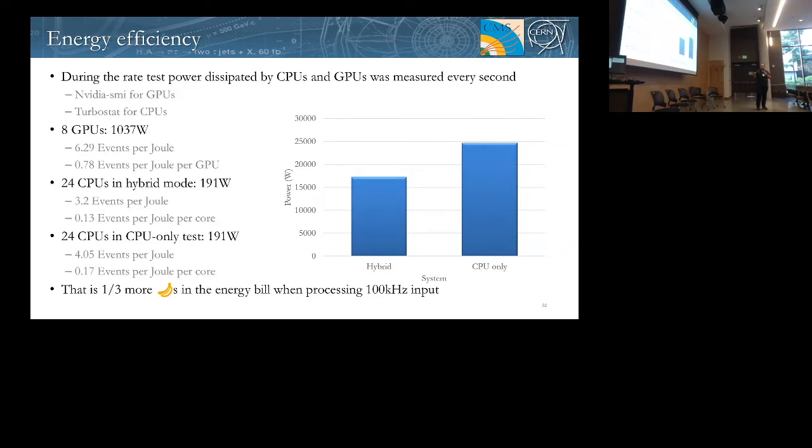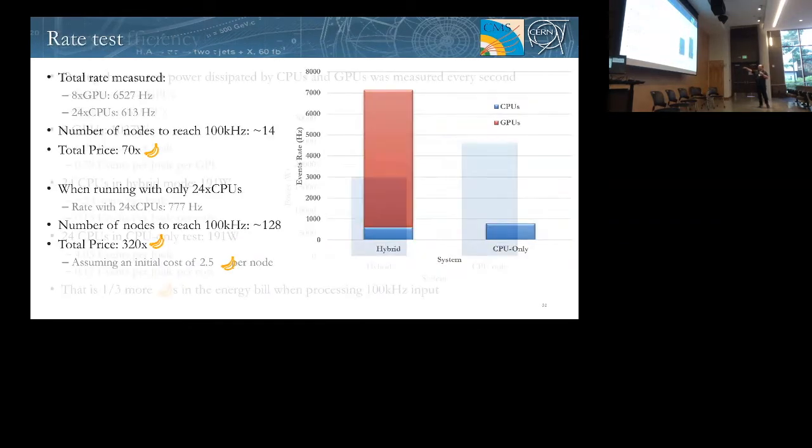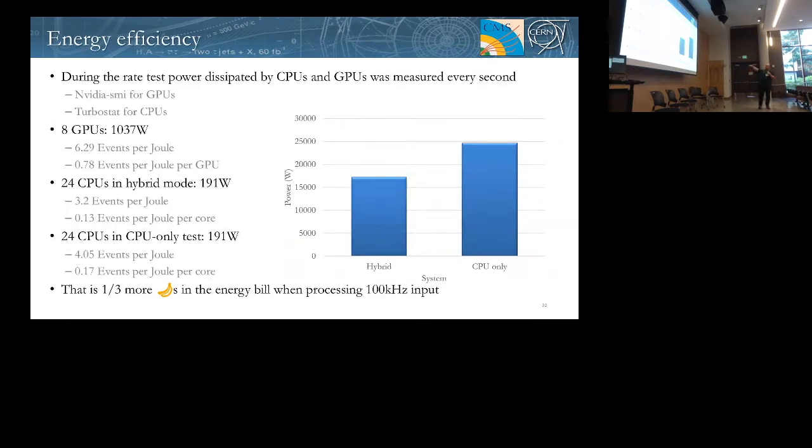Since the rate is higher in CPU only, you have 4.05 events per joule. So if you build 14 of these, and I don't remember the number, 128 for the CPU only, in the end you get a lower amount of power needed, which is, again, fewer bananas.